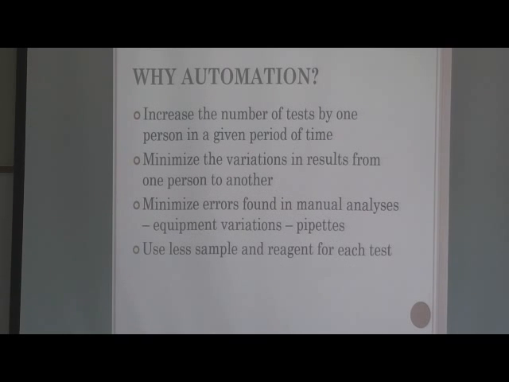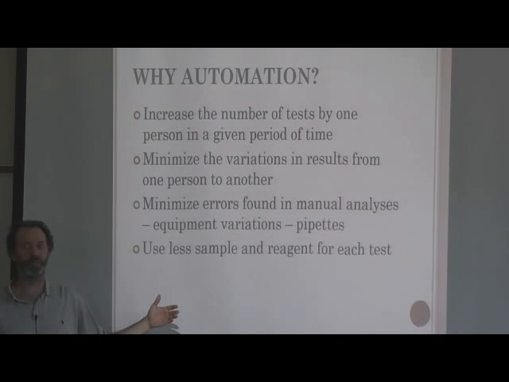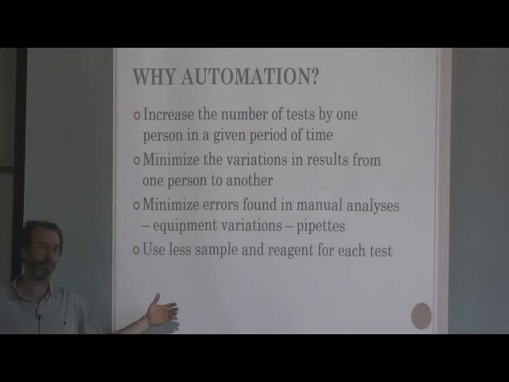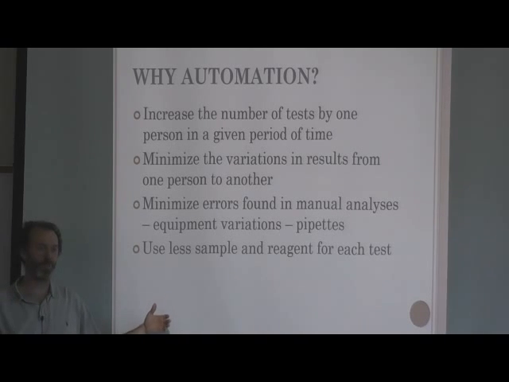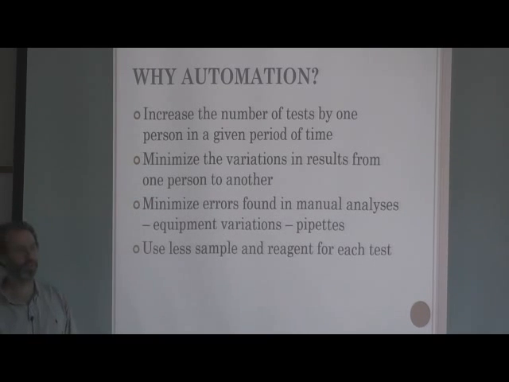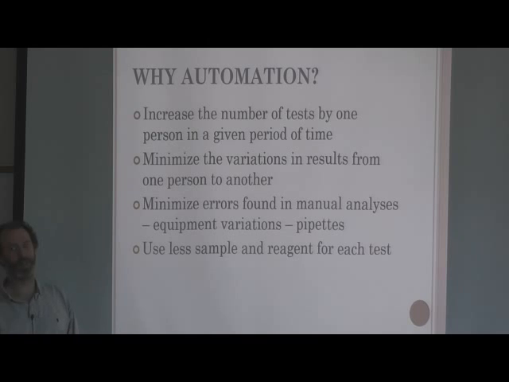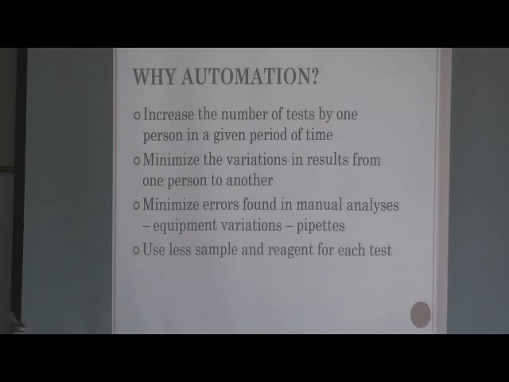So why automation? Basically, you want to increase the number of tests done by one person in a given period of time. So you're increasing the productivity of each one of the personnel working in the lab, right? And it minimizes the variations in the results from one person to another because the machine's doing it all. Where are you going to get your errors? In the maintenance of the machine, or sample labeling, or the reagents that you have to put into the machine.